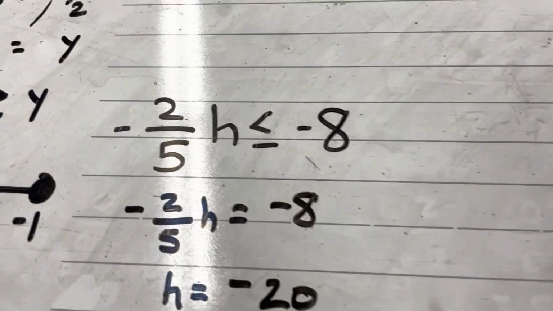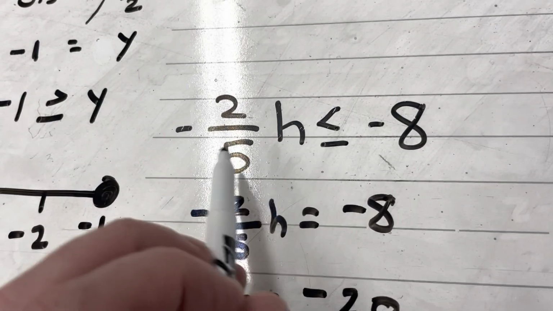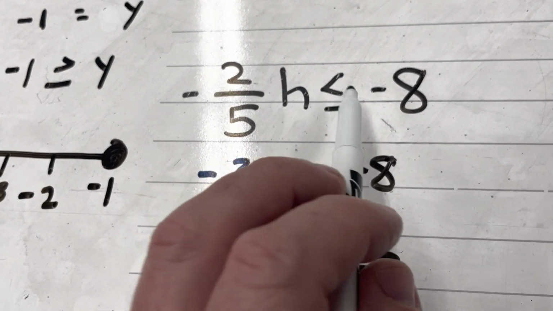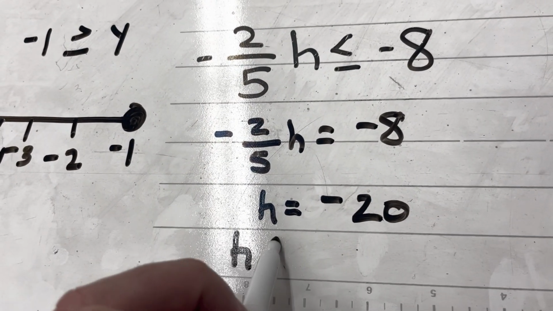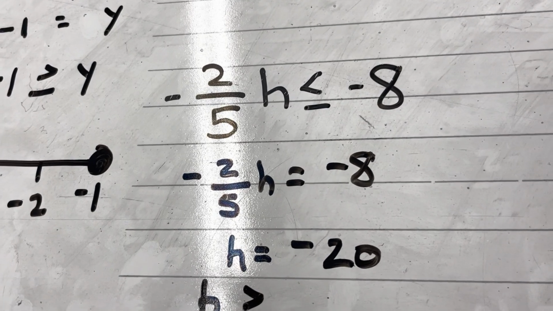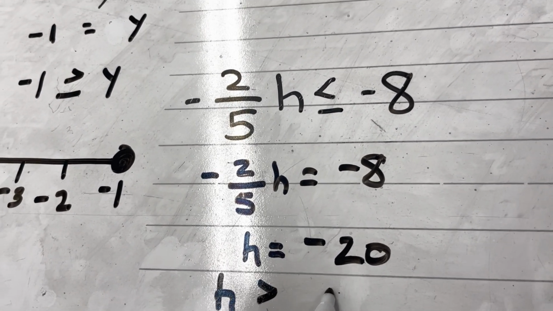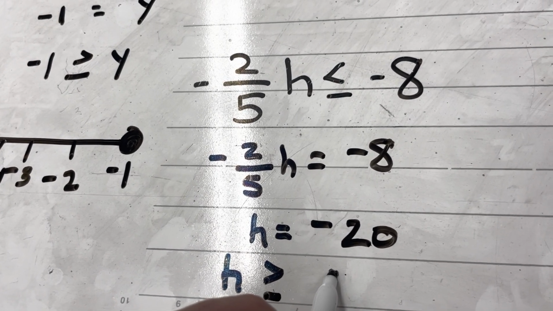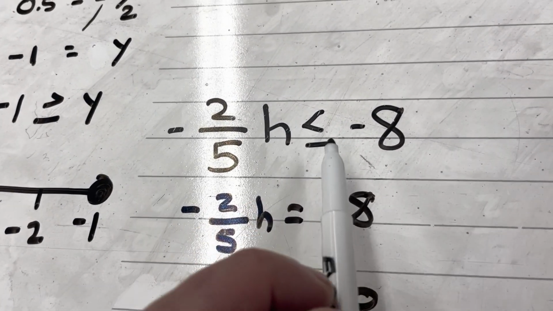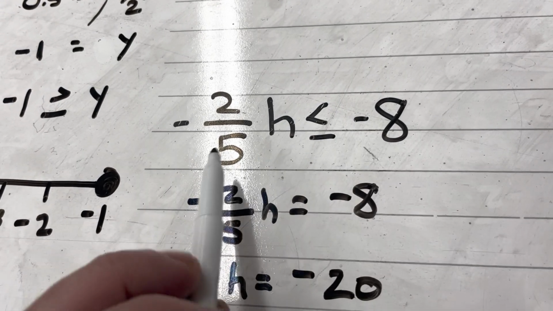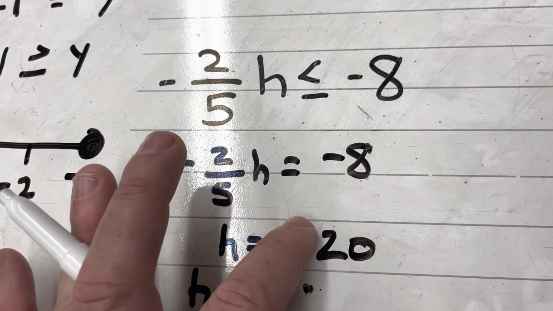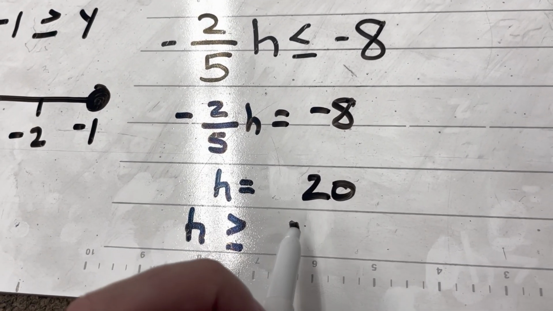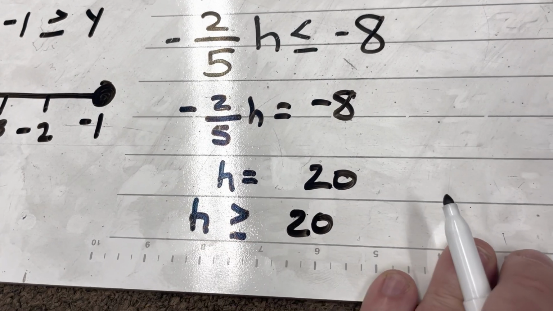But remember, whenever I have a negative number connected with the variable, I have to flip the inequality sign. So it's not going to be h is less than, it's going to be h is greater than or equal to. I must have entered something in the calculator wrong, because that's a negative 8 and a negative 2/5, which means that needs to be a positive 20. H is greater than or equal to 20, okay?